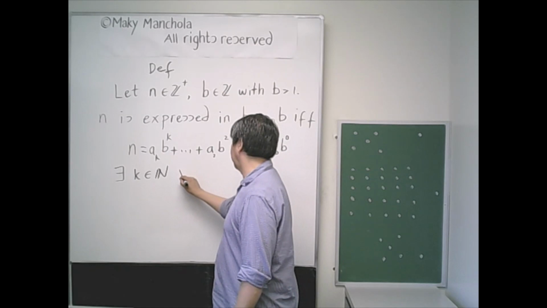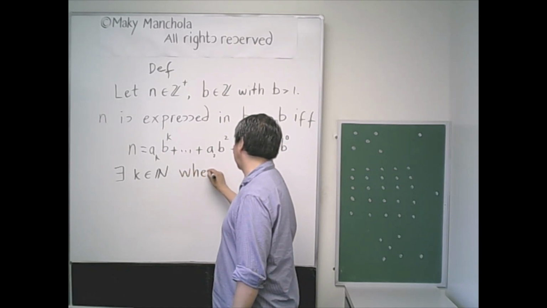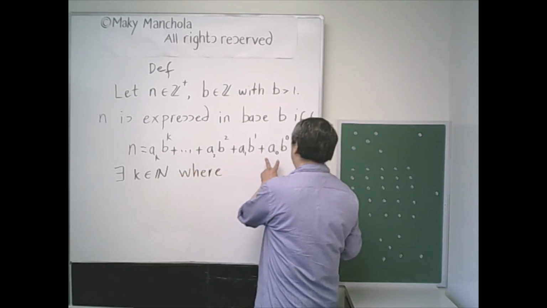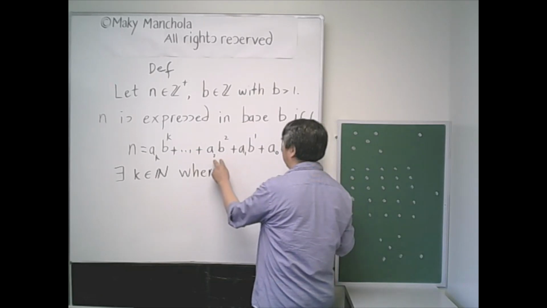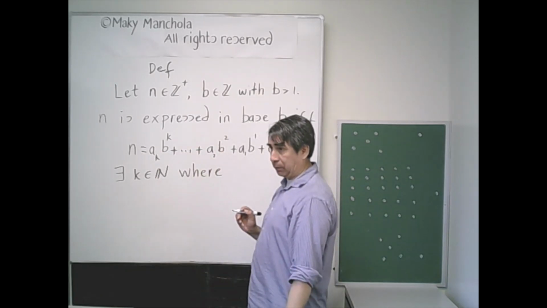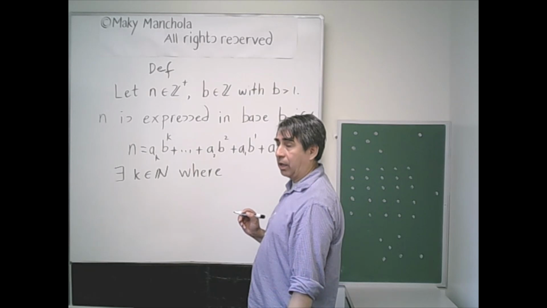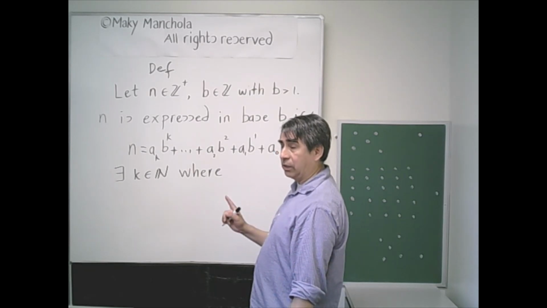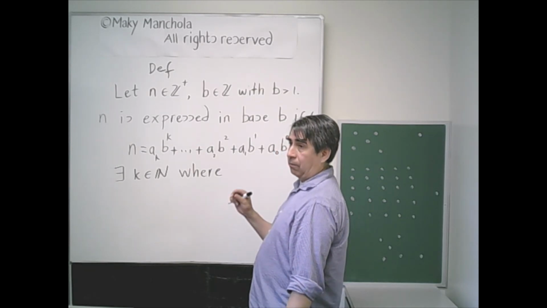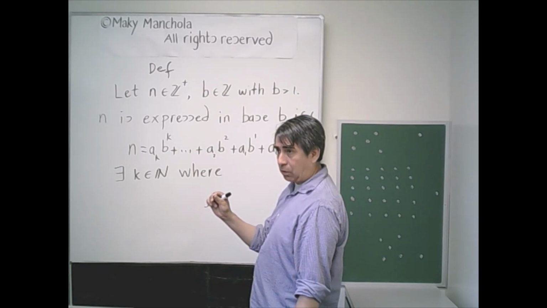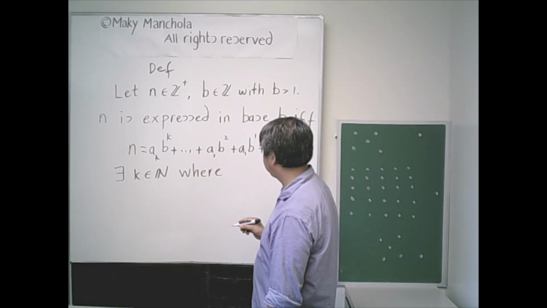where the coefficients a0, a1, a2, all the way up to ak are integers from 0 up to b minus 1.